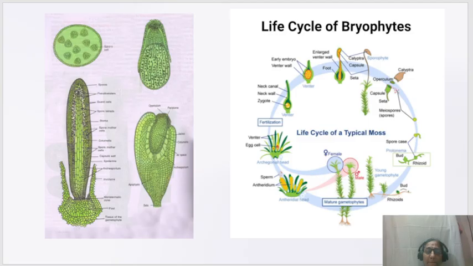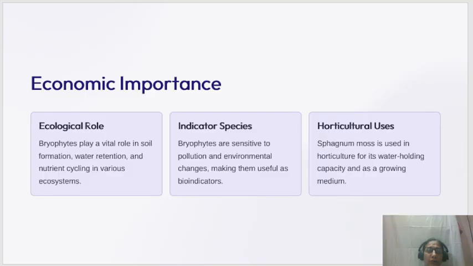If you see the economic importance of bryophytes, they play a very important ecological role, where they help in soil formation. They are the first habitats formed on barren land, hills, and rocks.